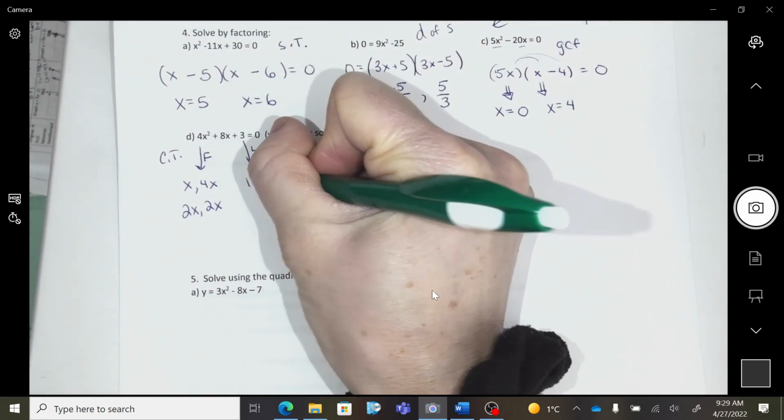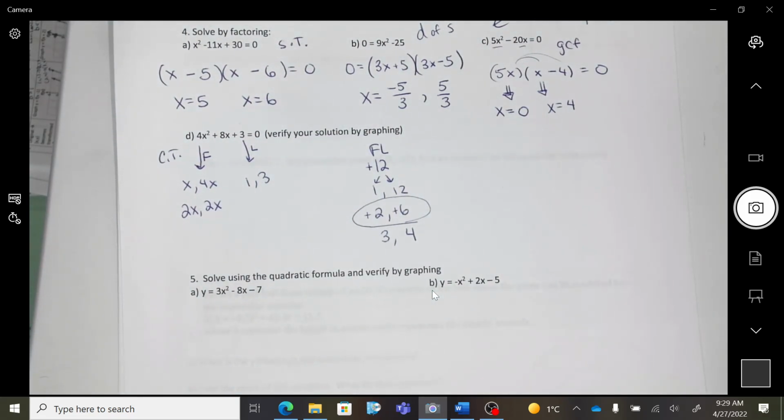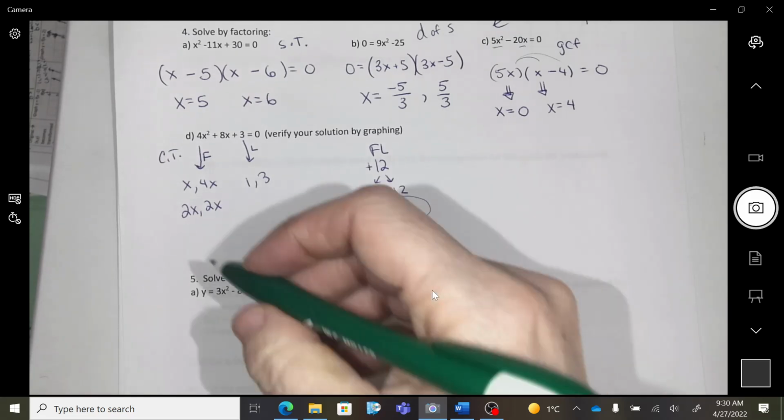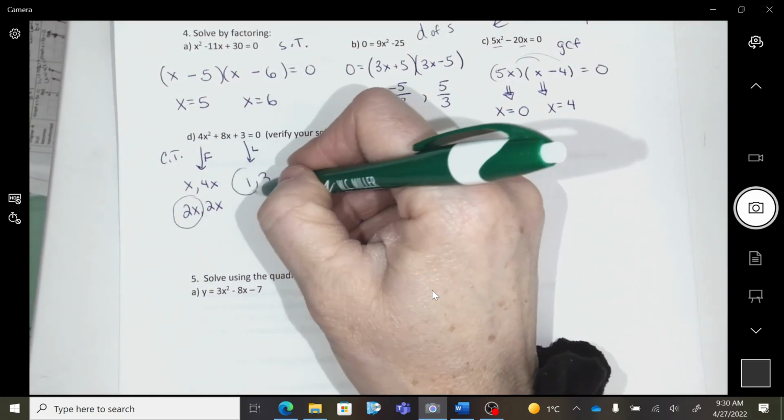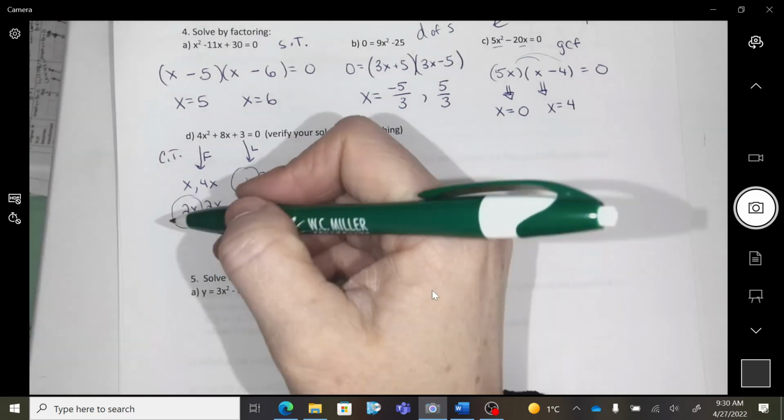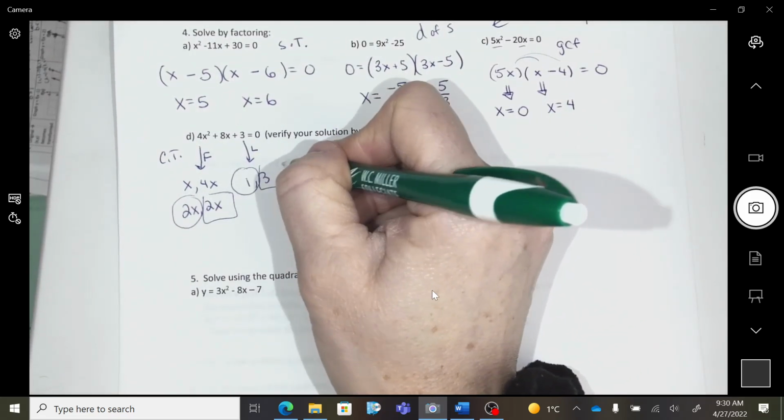I can only do 1 times 3. Okay, what am I going to match with what? I need to make a group pair to make a 2 and a group pair to make a 6. So a 2 pair and a 6 pair.